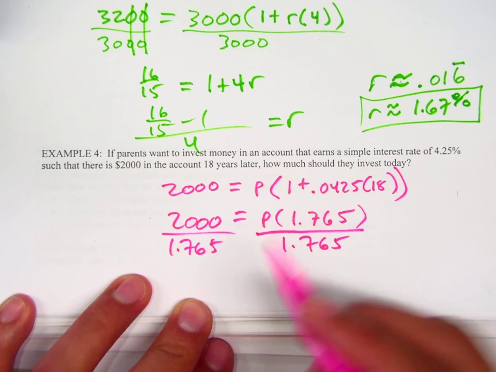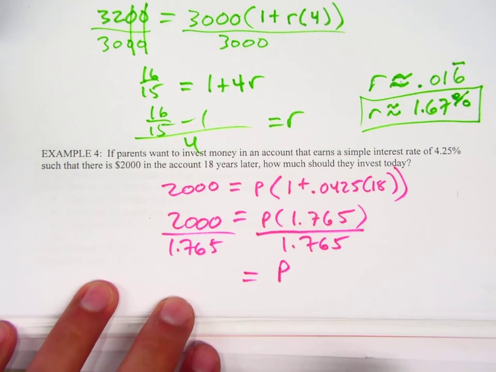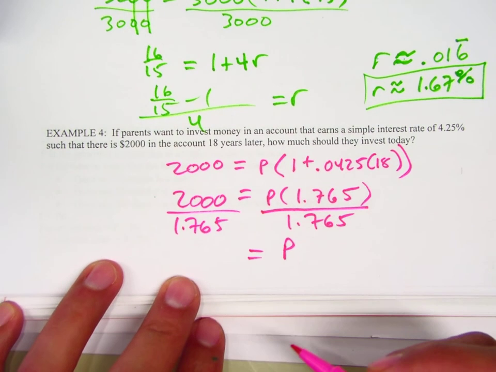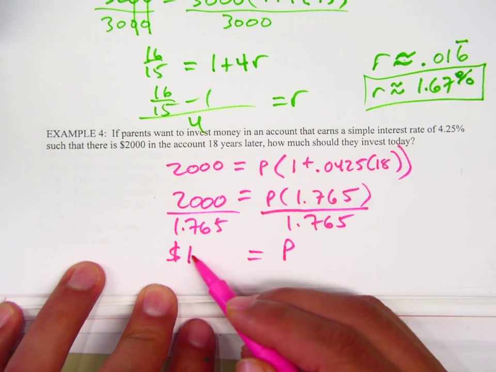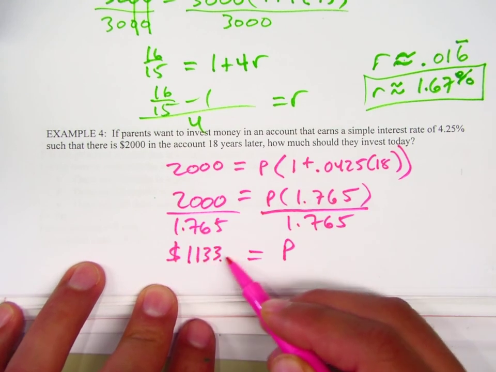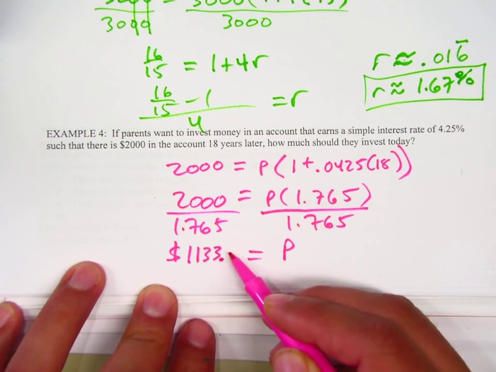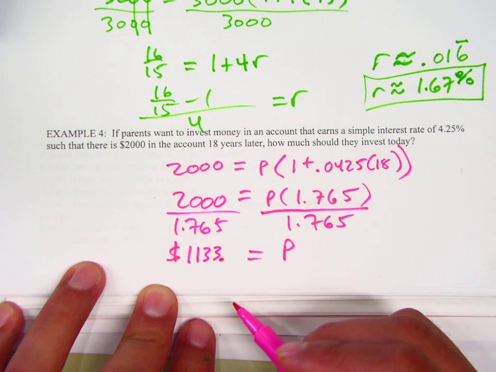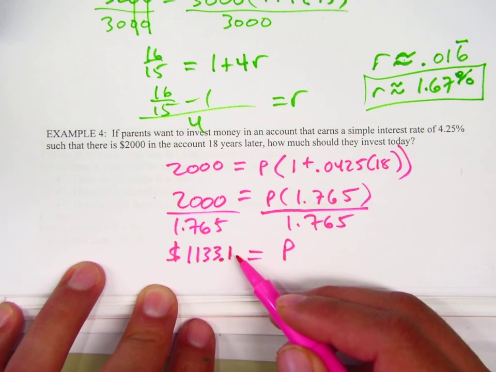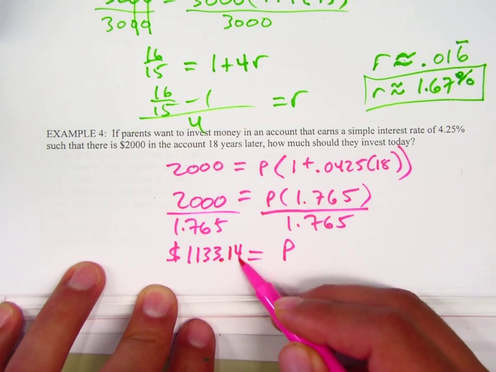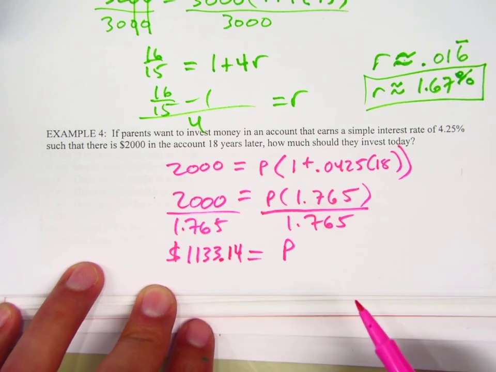So what's 2,000 divided by 1.765? Oh, 1,448. So we'd round to the nearest cent. 1448. So yeah, nearest cent.